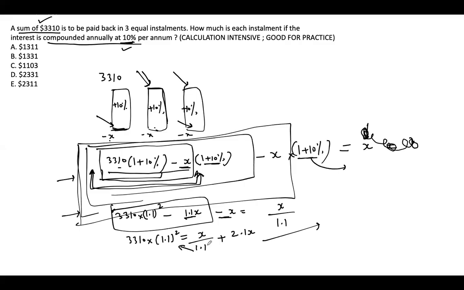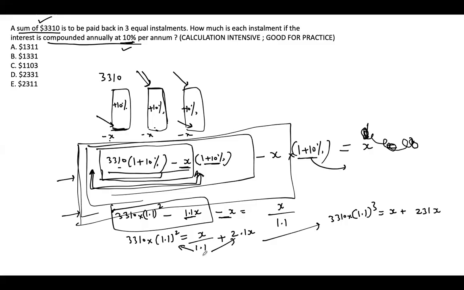1.1, if I'm multiplying it here, it would give me 1.1 cube, and 1.1 into 2.1, it would be how much? What is 11 into 21? 220 plus 11, 231.